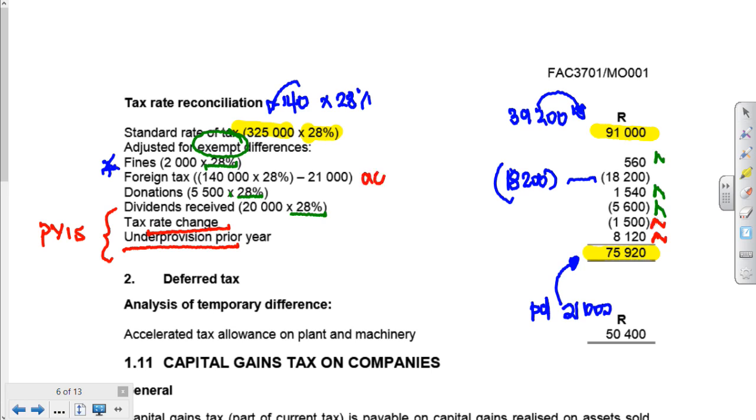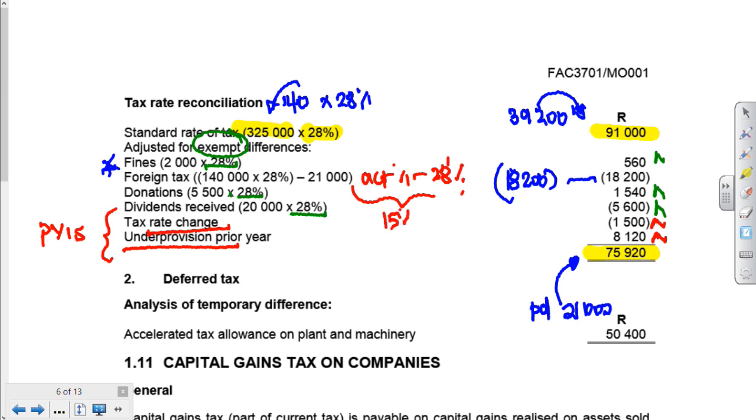But the calculation is the actual percentage times minus 28. What was the actual percentage? It was 21 out of 140, 15%. Do you agree? 21 out of 140.